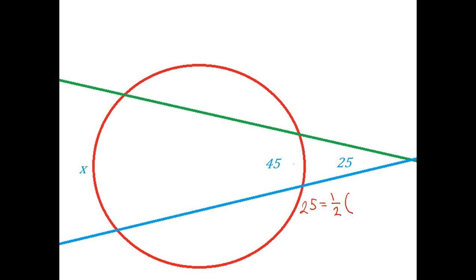Now when we solve this, the first thing we would do is multiply both sides by 2 to get rid of that 1/2, so 25 turns into 50. That gets us 50 equals x - 45. Then we would add 45 to both sides, getting us 95. So we'd end up with (95 - 45) divided in half, which gets us 25.